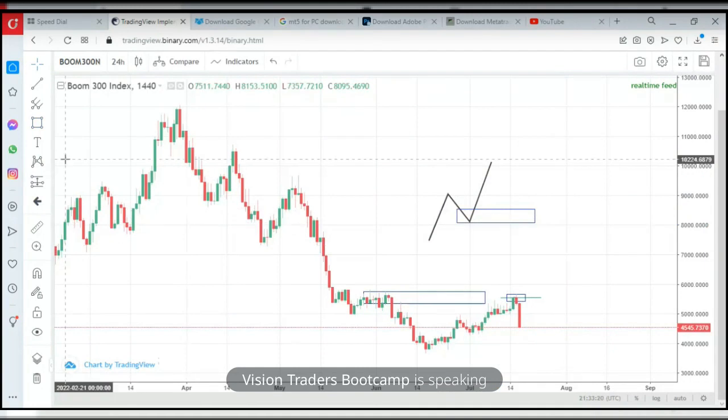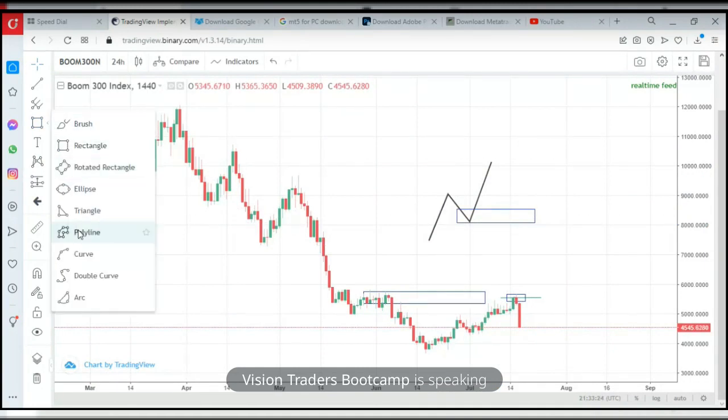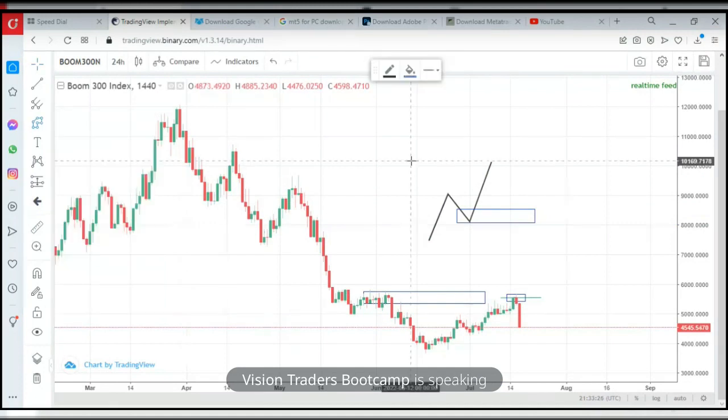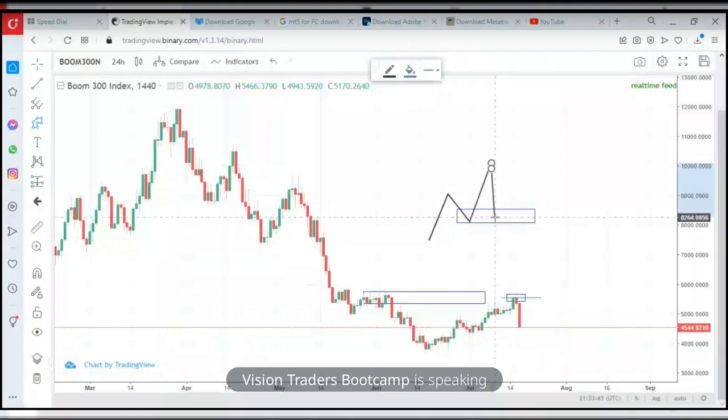But just because you are greedy and want to pick some pips off the market, when price gives you a small retracement here, you jump in and you're already buying. Before you know it, price comes back to retrace to this spot of interest. So take your trades from the highest probability, and you know that before price can get to this region it might probably take days or maybe hours.